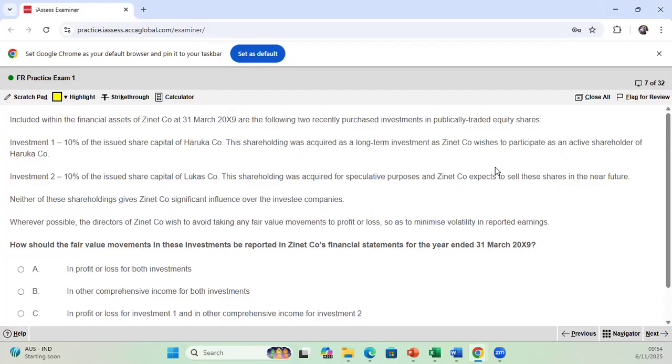Long-term means for a long period. If something is to be kept for a long term, it's for a long period of time. So if the investment is to be kept for a long term, we classify it as an investment at fair value through OCI.